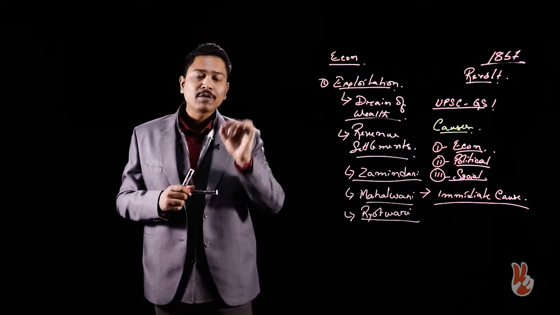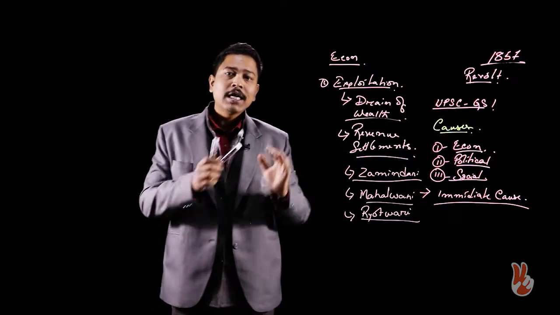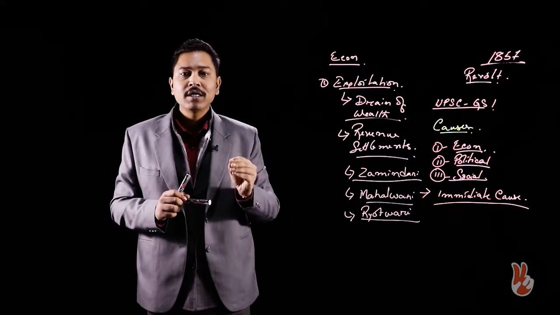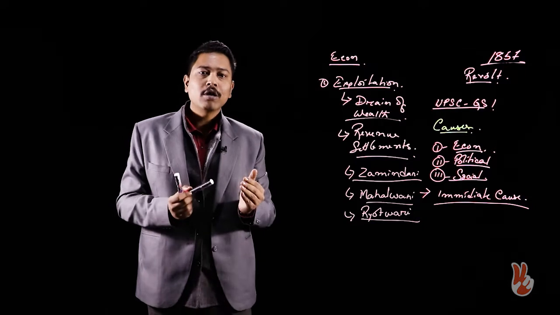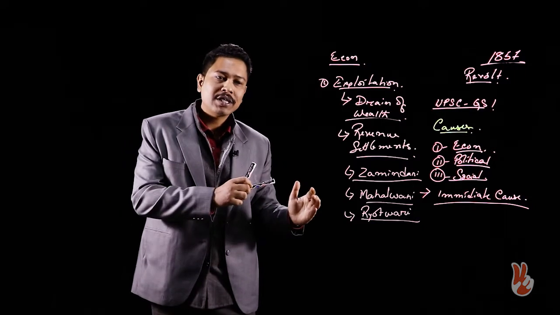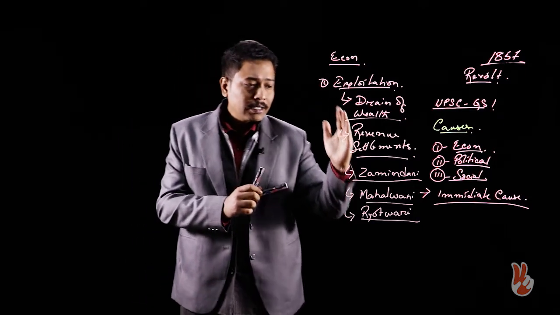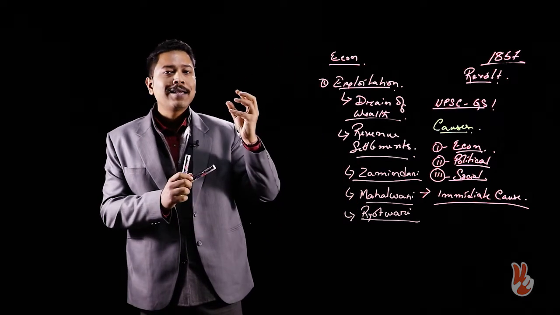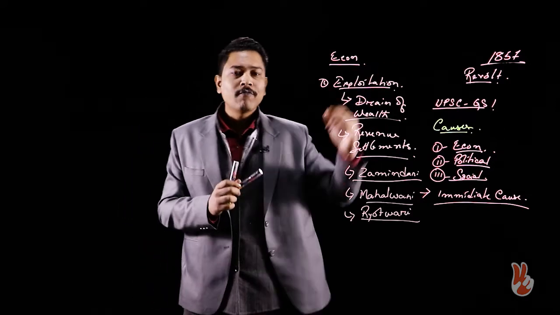They not only exploited the Indian countryside economically, but they were also responsible for fundamentally changing the social composition of the Indian countryside. Therefore, you see, these revenue settlements are linked very deeply and inherently with the revolt of 1857.